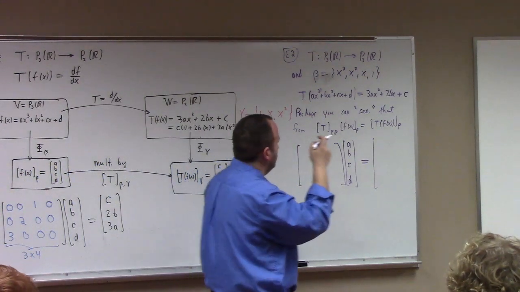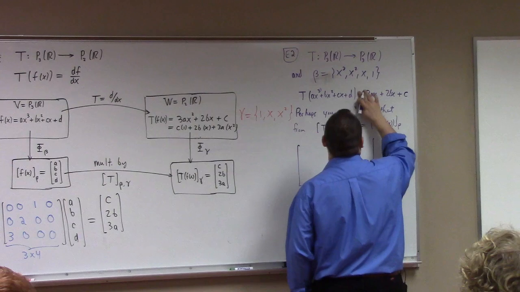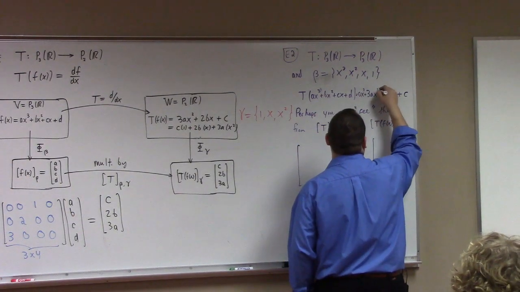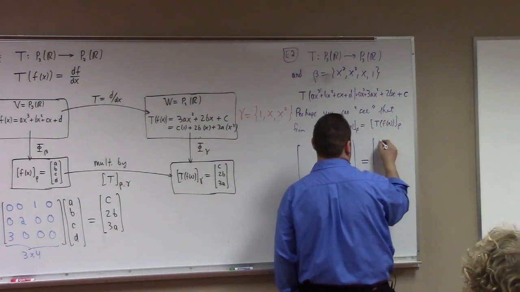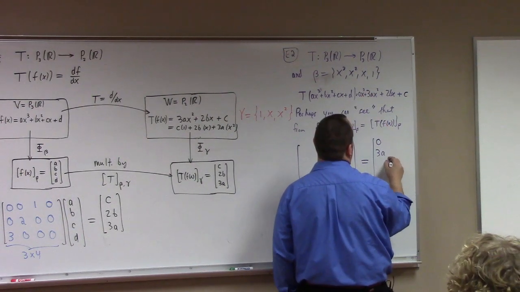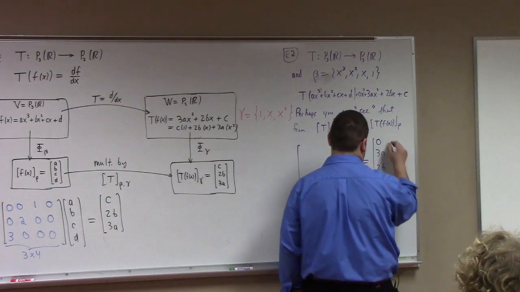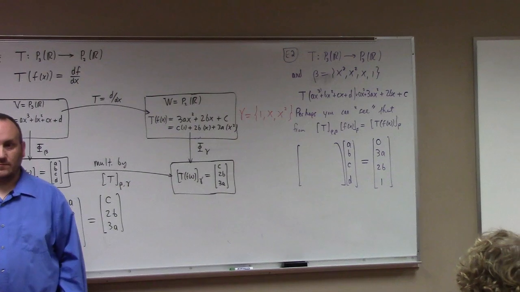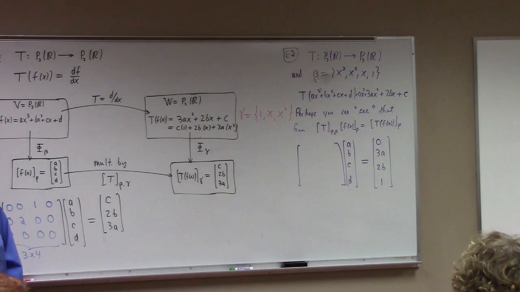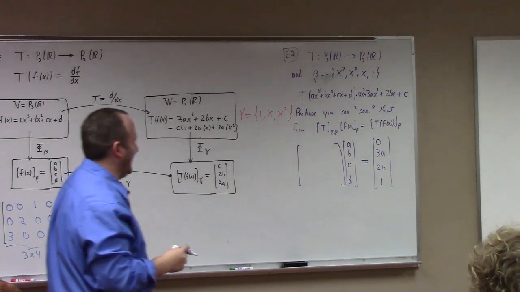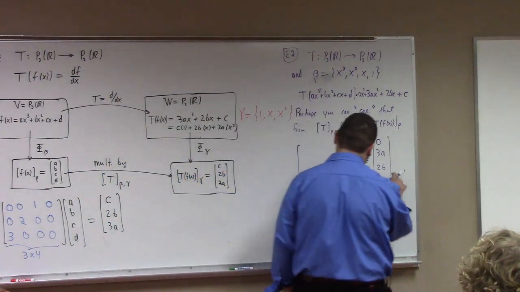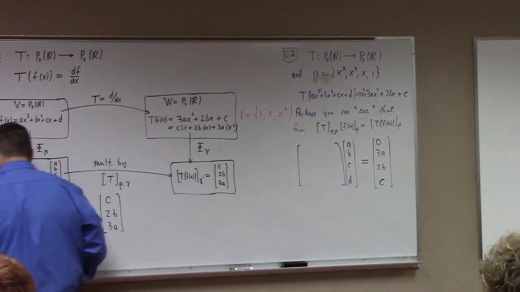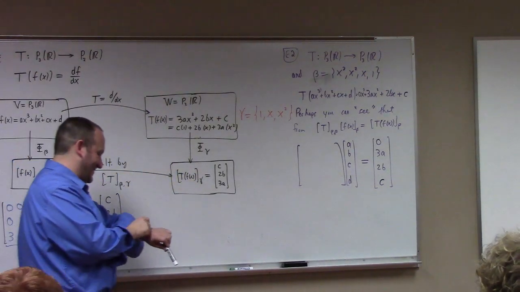I'll throw you guys a bone here: 0 x cubed, so there's a 0, 3a, 2b, 1. Yeah, I meant c. Yes, thank you. I definitely meant c. Yeah, you should question it.